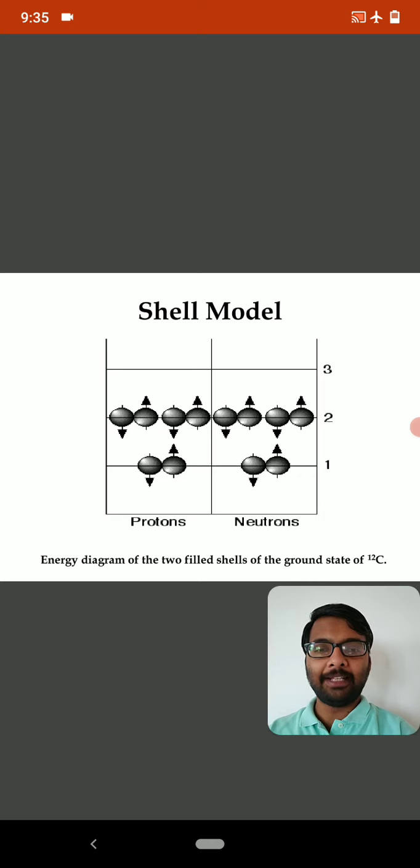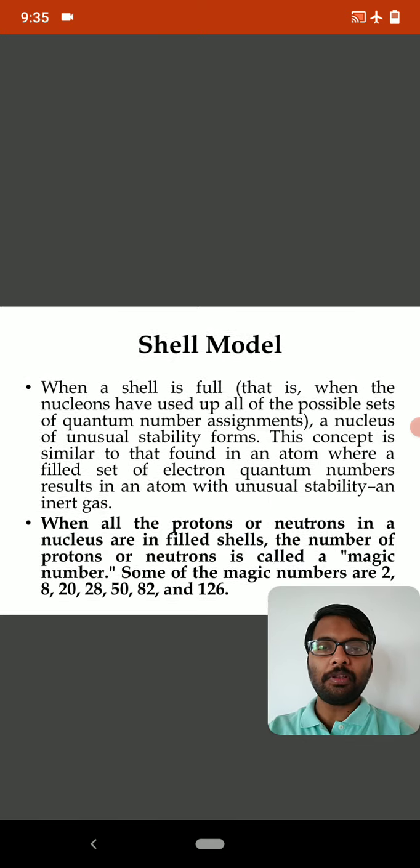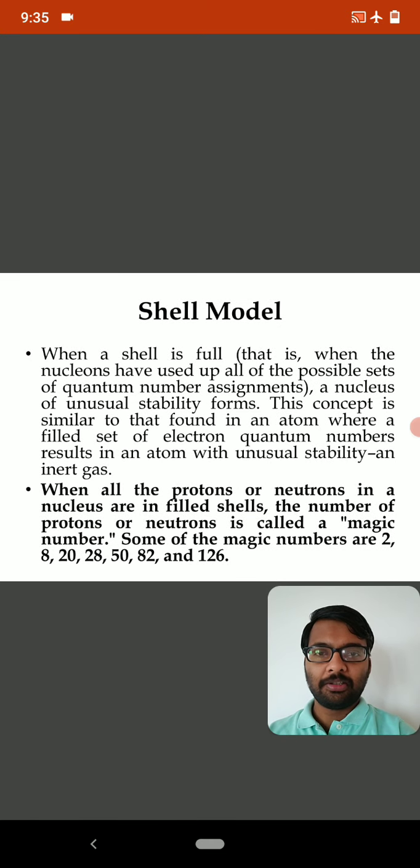This is one example in which two energy levels are filled, as in the case of the carbon-12 nucleus. When a shell is full, that is when the nucleons have used up all of the possible sets of quantum number assignments.